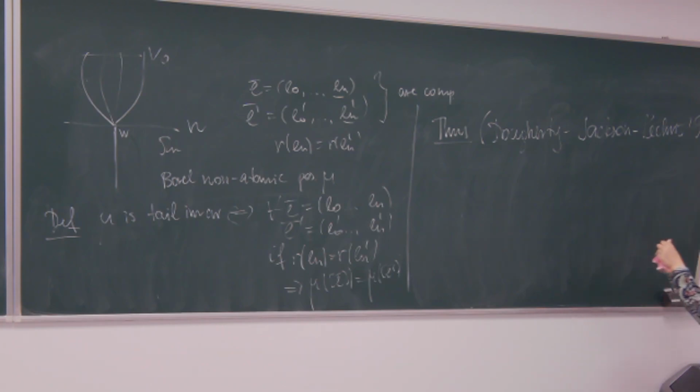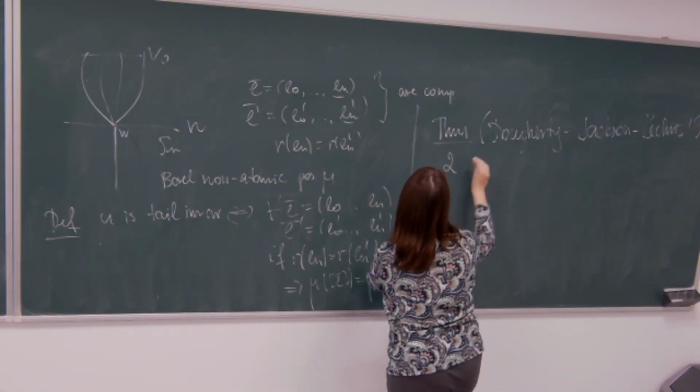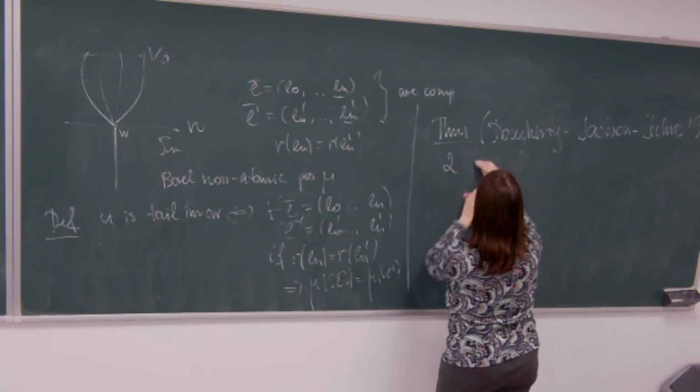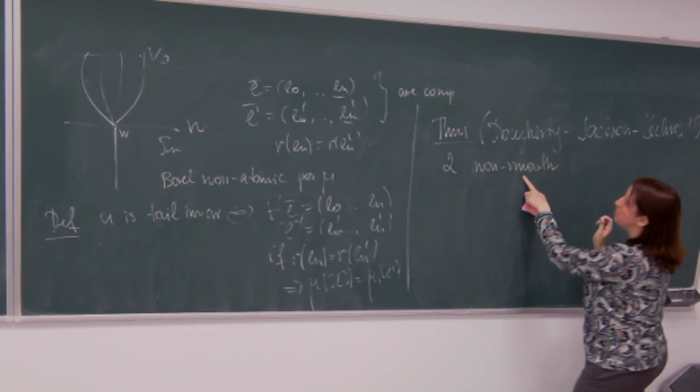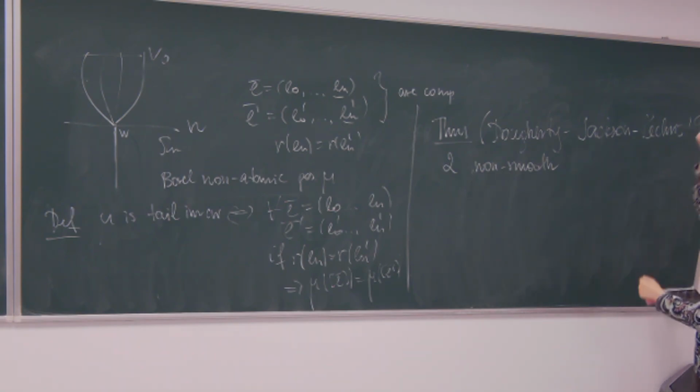Which says that two hyperfinite countable Borel equivalence relations which are non-smooth, in other words, non-trivial, are Borel isomorphic if and only if they have the same number of ergodic invariant probability measures. Non-smooth means that there is no Borel set which intersects each orbit exactly one time.